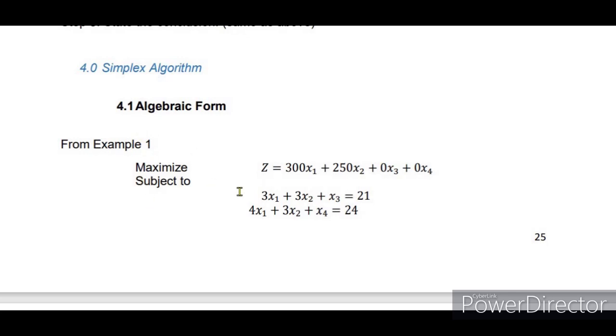Now, it is subject to these constraints. 3x sub 1 plus 3x sub 2 plus x sub 3 equals 21. And for constraint 2, we have 4x sub 1 plus 3x sub 2 plus x sub 4 equals 24. You notice that the slack variables are already added in our constraints, which is x sub 3 for constraint 1 and x sub 4 for constraint 2.